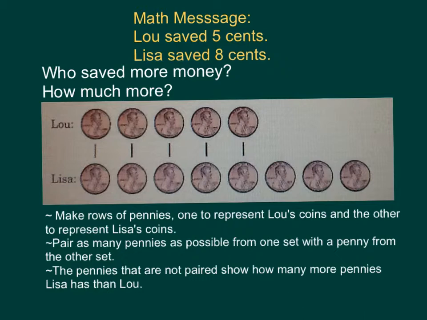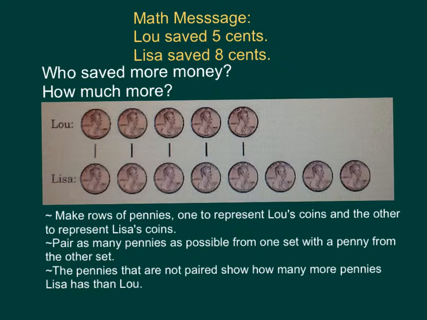The next thing that I did is I looked at Lisa, and she had 8 cents. So here I have Lisa's name, and I put out the pennies that she saved. 1, 2, 3, 4, 5, 6, 7, 8. So that's the first thing I did is I made rows of pennies, one to represent Lou's coins and the other to represent Lisa's coins.